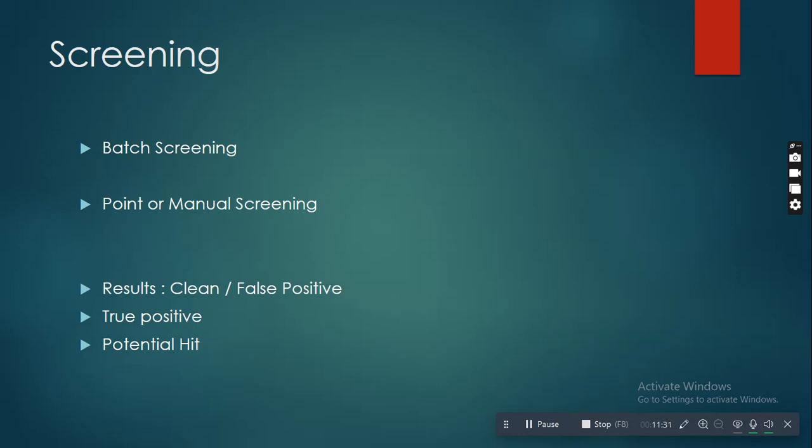Then there is the second category, known as the true positive. A true positive means yes, that is present in those lists. It has matched. Also, there is one more category, that is the potential hit.